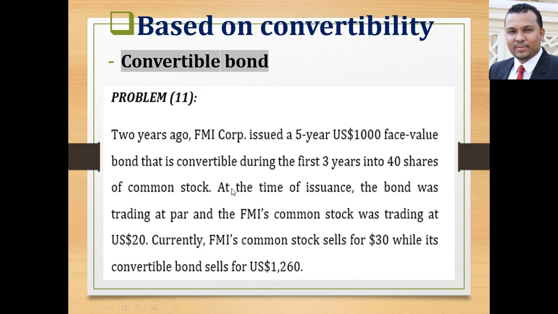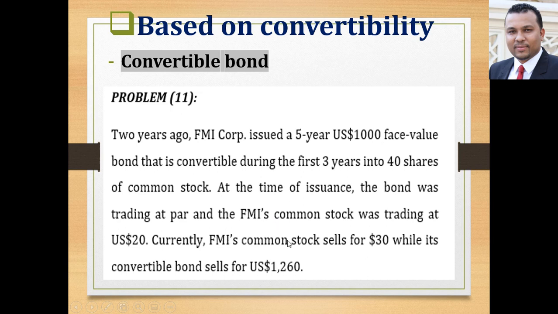At the time of issue, the bond was trading at par and the common stock was trading at $20. At year one of the lifetime of this bond, the price of common stock equals 20, and the bond is trading at par with the same value, 1,000.